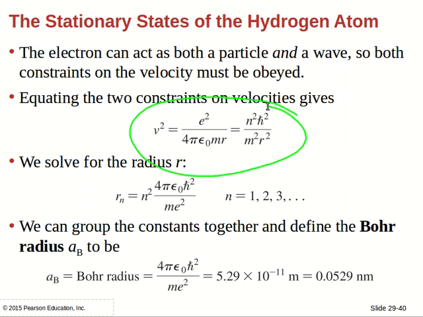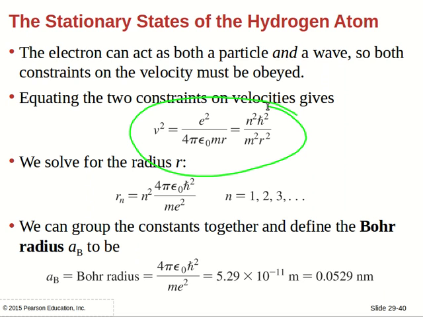Let's just look at this briefly. v squared is equal to, first, e squared over 4 pi epsilon naught mr. That comes from the fact that the velocity is related to the force that's binding the electron to the nucleus. The centripetal force from the Coulomb interaction provides the force that causes the electron to go in a circle. And since the centripetal acceleration is v squared over r, we end up with this expression for v squared from the Coulomb force.